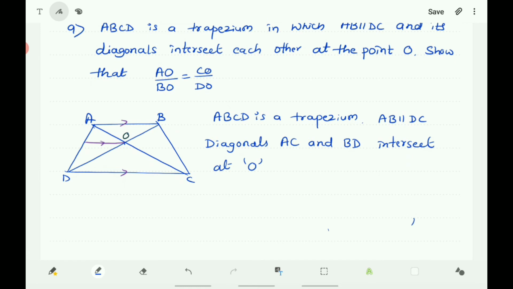So let us draw here OE parallel to DC, and you know that as OE is parallel to DC, it is also parallel to AB.